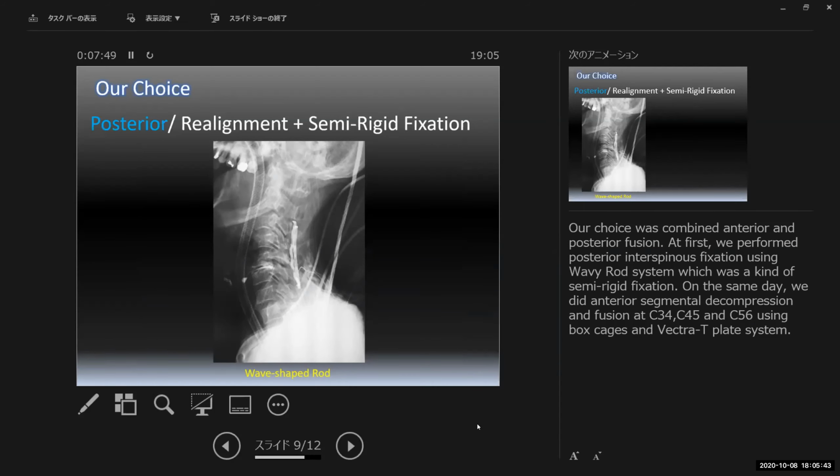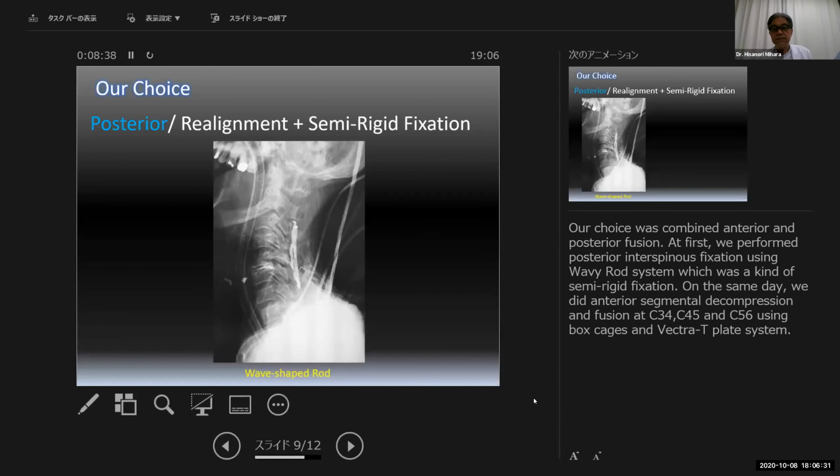Dr. Mihara, you're in presenter mode now. Excuse me? You're in presenter mode now. Oh, we see both of your notes in this slide. Nobody, you cannot see? Yeah, we can see your notes. Okay, let me check. How about this? We can still see the notes. Okay. Sorry.